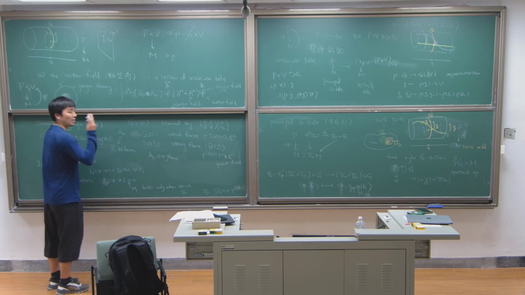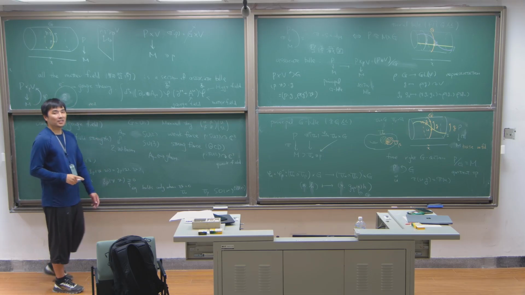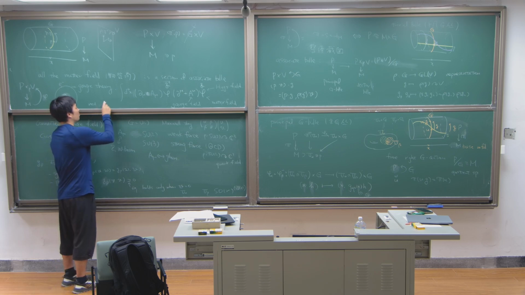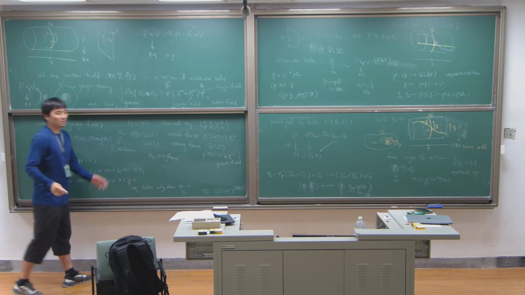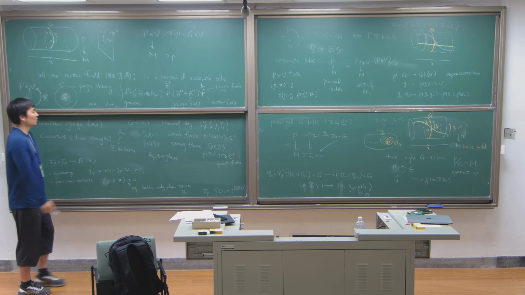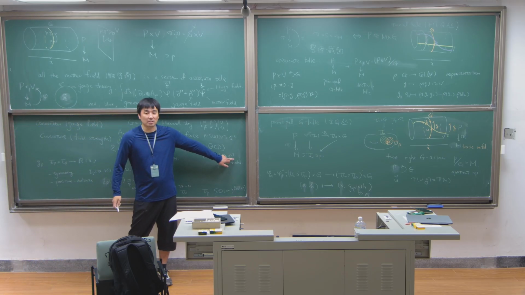So you have three kinds of quark: red, blue and green. If you mix them together, you get white. So these three colors are represented by the basis of this C3, the representation of C3.